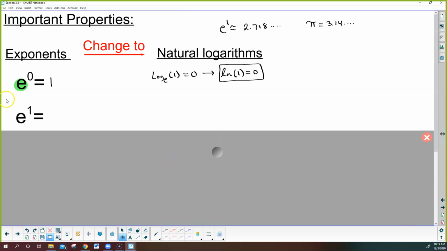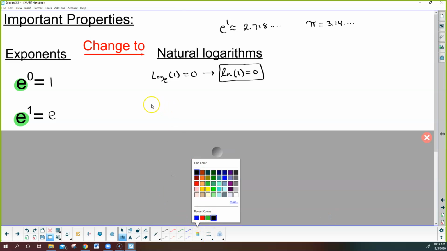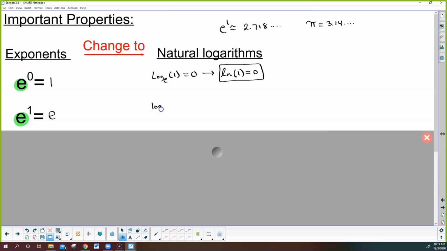Okay. Well, what about just e? E to the first power is e. So my base is e. And I'm going to rewrite that as the log of base e of e, that's the answer, is equal to the exponent of 1. Well, notice this goes back to that same property.